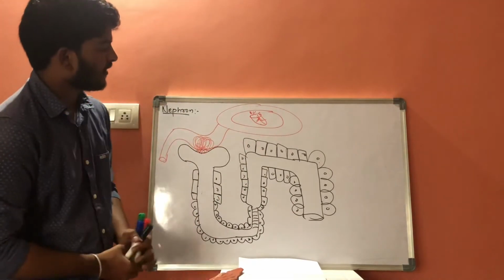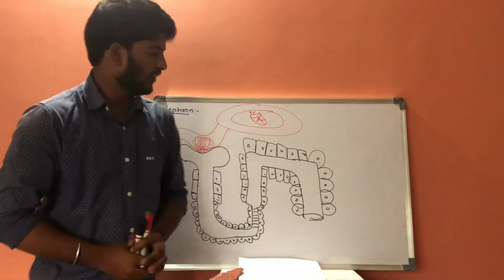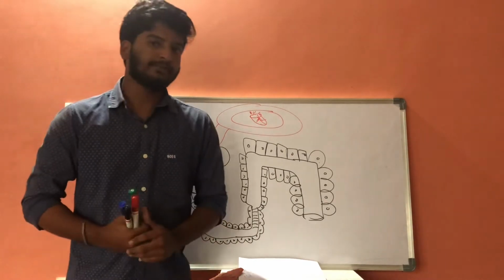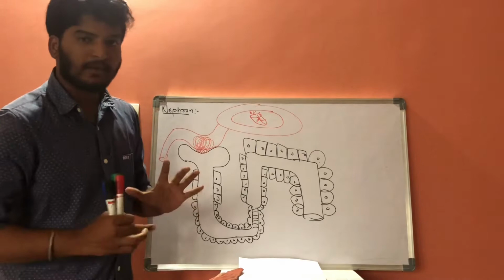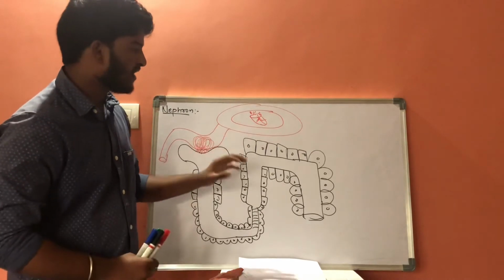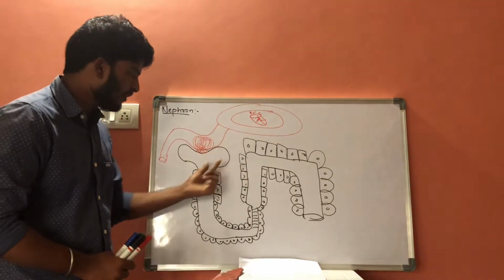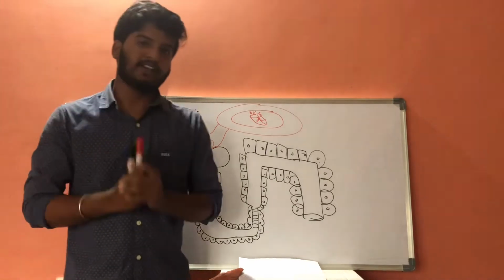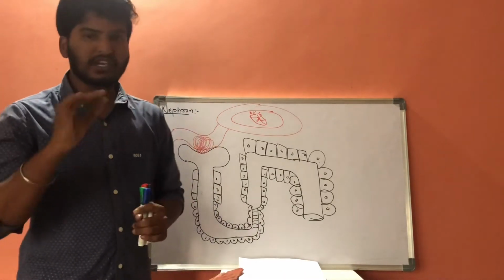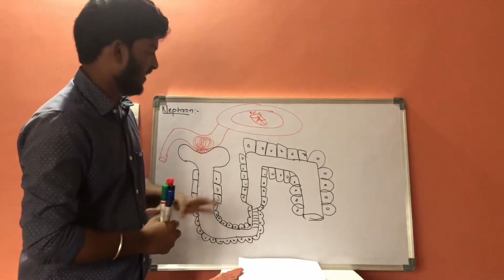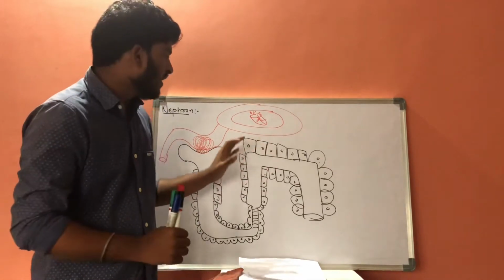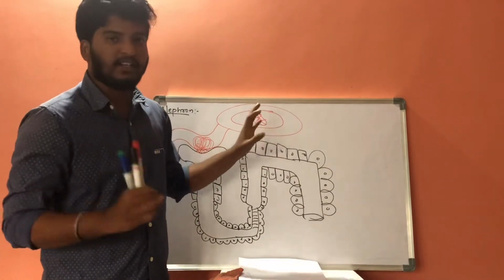So our topic is: normally, in a healthy individual, how much blood will be coming to the nephron per 1 minute?